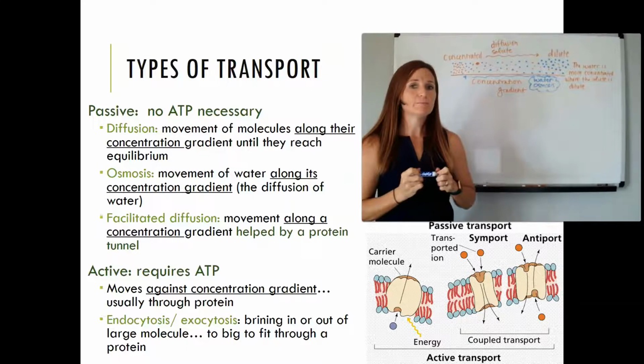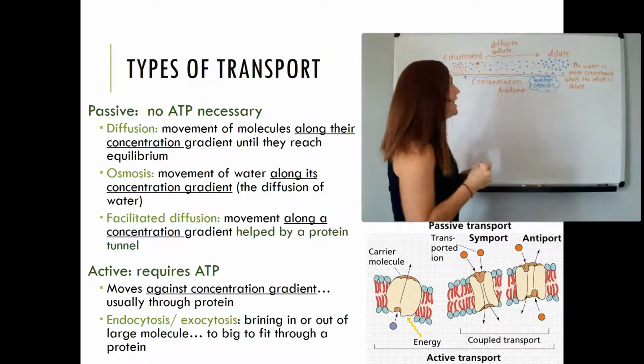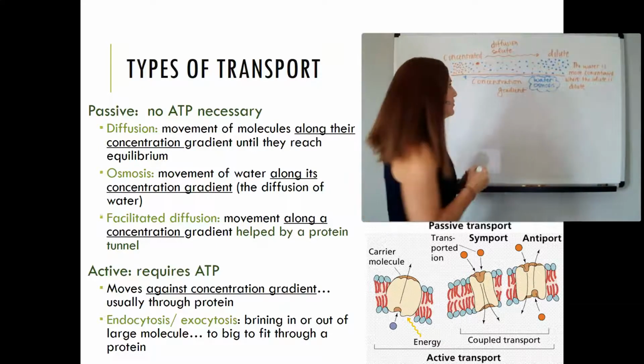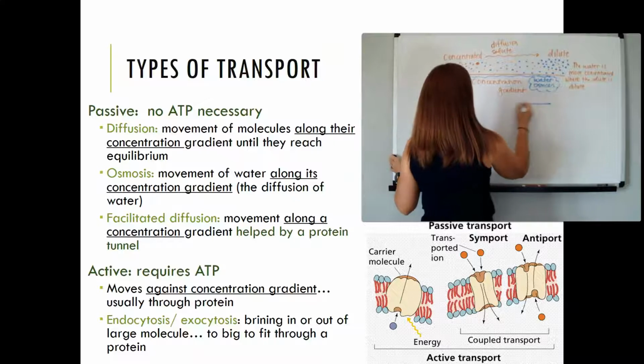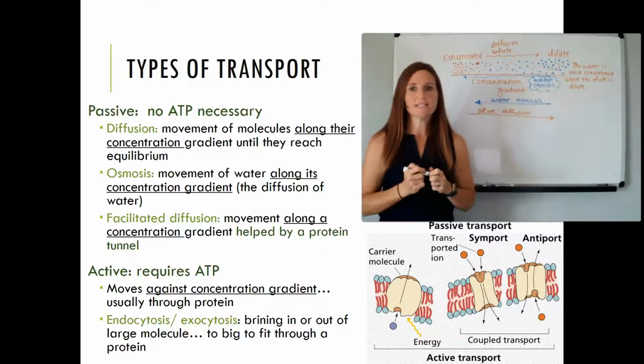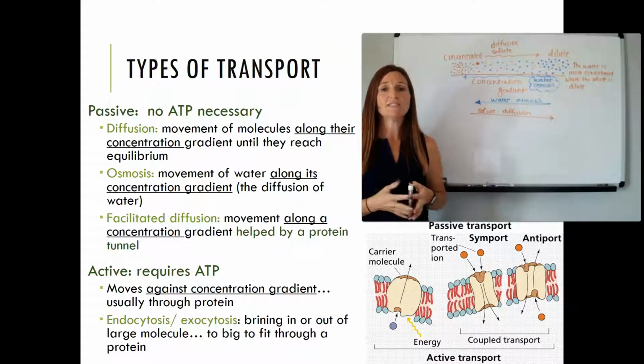That diffusion of water is called osmosis, and it is typically the opposite direction of the diffusion of the solute. So if water wants to go this way, solute wants to go this way. So osmosis and diffusion work in opposite directions because they're moving different particles.